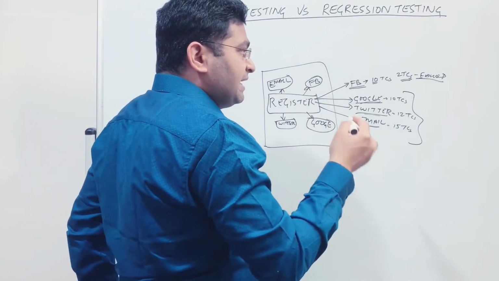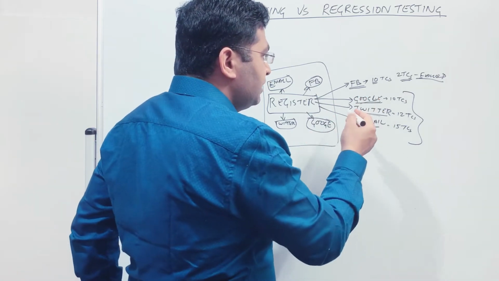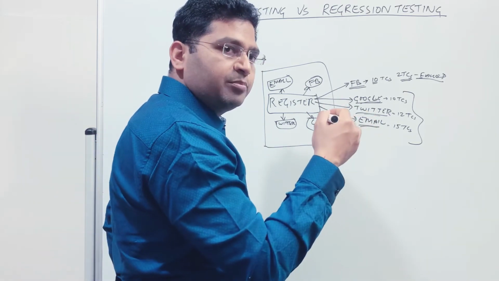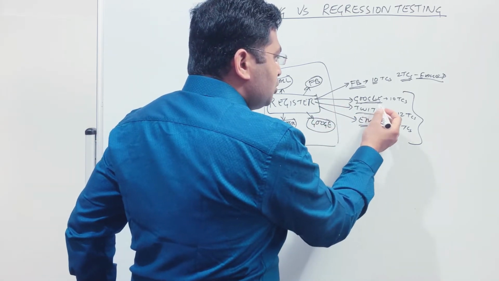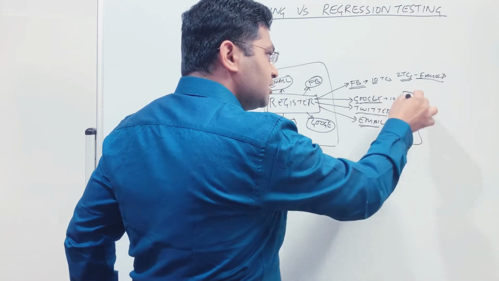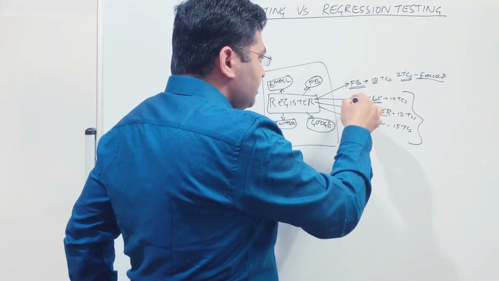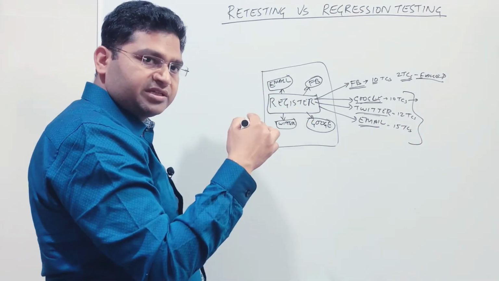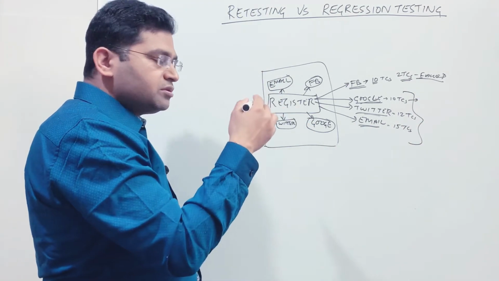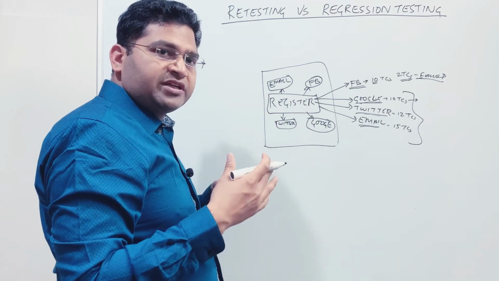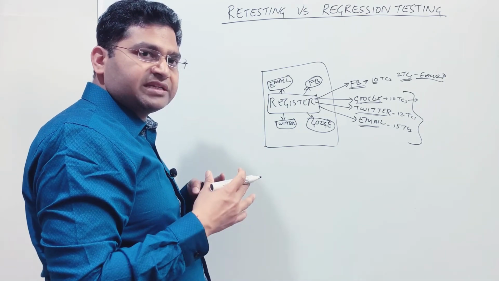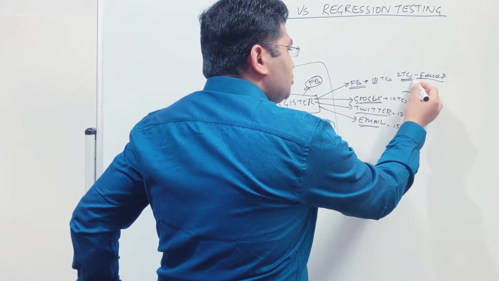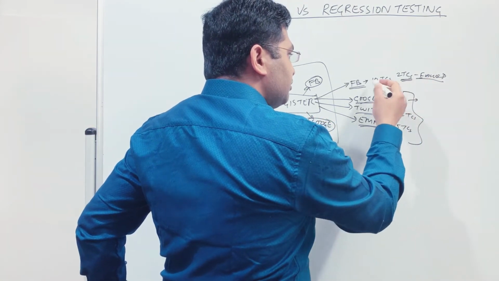So for that analysis, if you want to ensure that those test cases are working perfectly fine, then you either re-execute all of those which are related, or you pick the critical ones, right? Which I have explained in the regression tutorials already: what are the different techniques, and how you will analyze the regression test cases that need to be executed. So here in this particular case, say two test cases failed and I want to re-execute for Facebook.